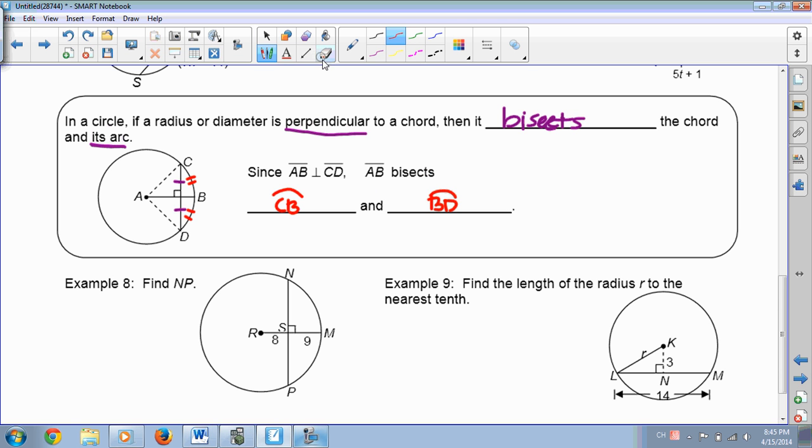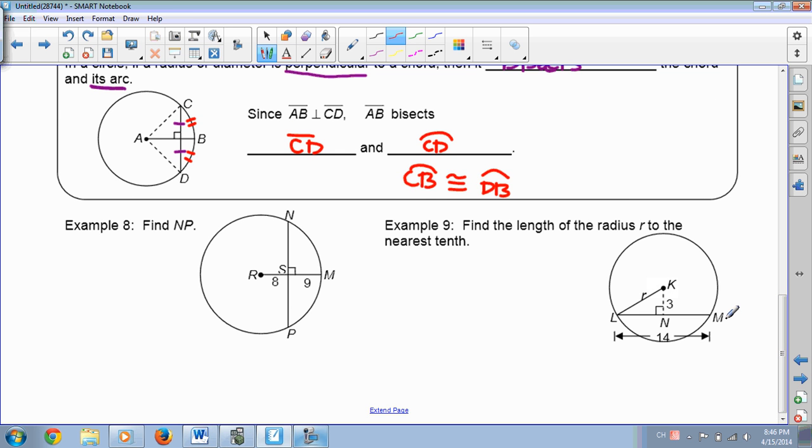Actually, I'm going to go ahead and reword that. AB is cutting in half. It's bisecting. AB bisects CD, line segment CD, and arc CD. And so since CD is being bisected, it's making arc CB congruent to arc DB. Okay. All right, we're going to save example 8 for class.